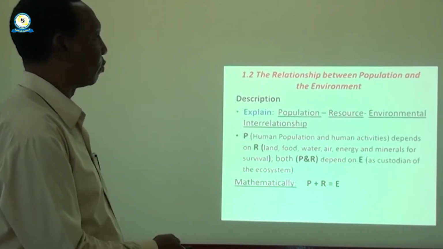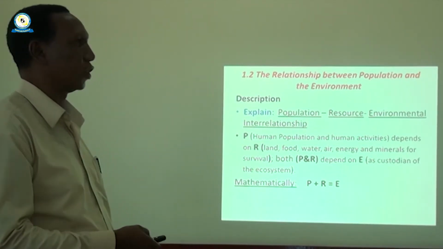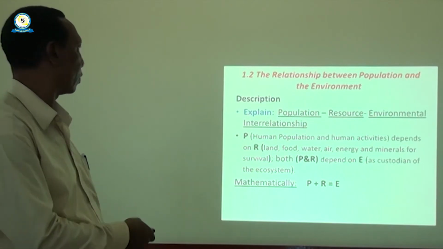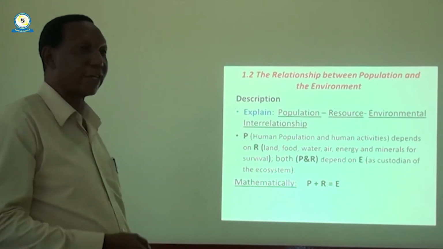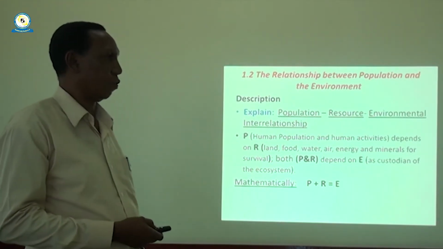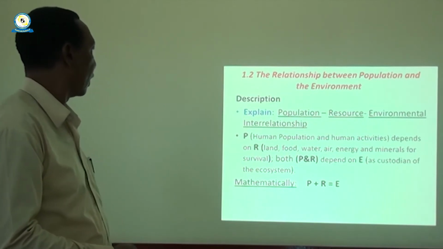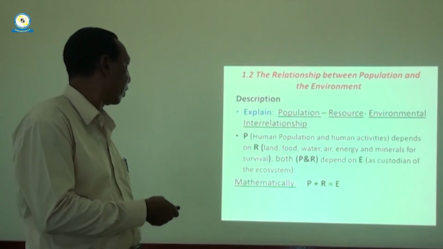The relationship between population and the environment actually takes three variables, as you can see: population, resource, and environment. Here the key factor is population, ourselves, the human population, and human activities depend on resources.